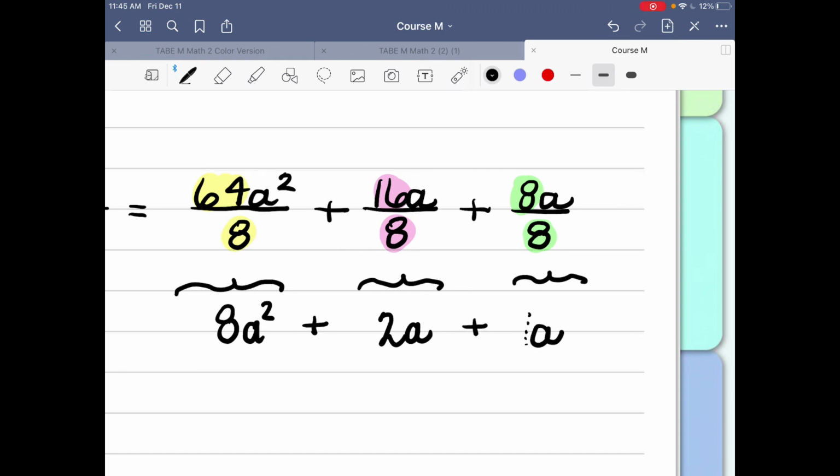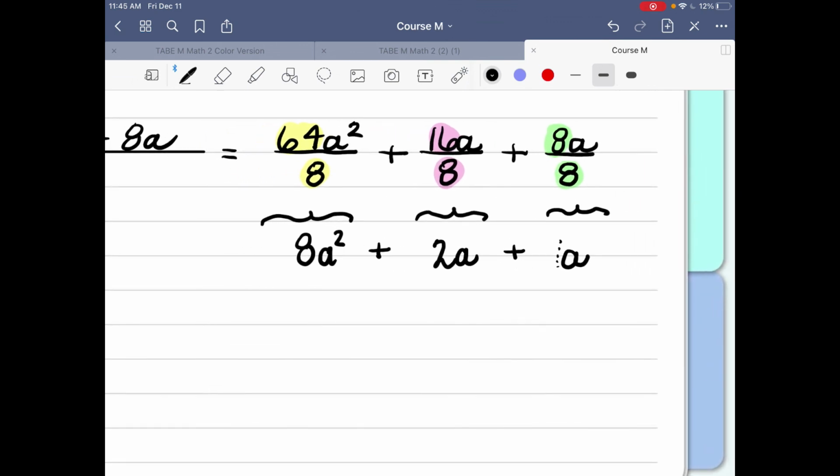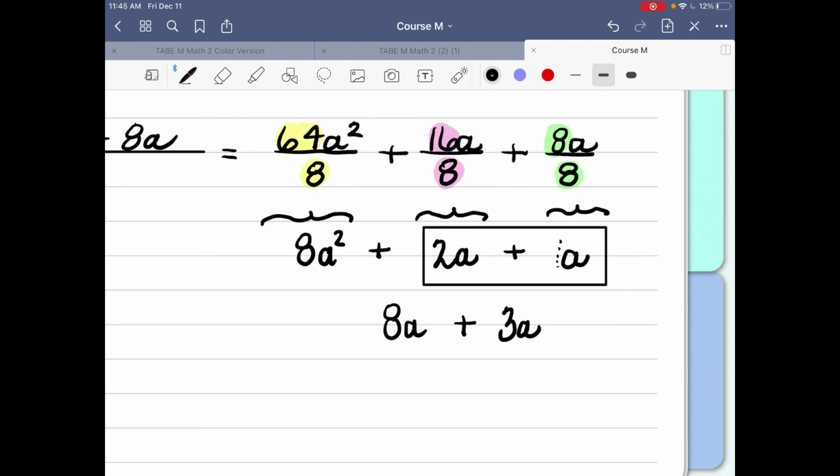But we're still not quite finished, because we can simplify a little bit more. What could I combine here? What's alike? These two. 3a, and then this one, a squared and a are not the same thing, but I can at least combine those two like terms.